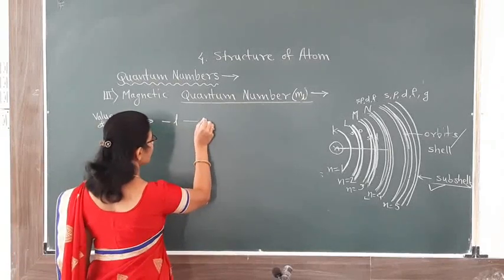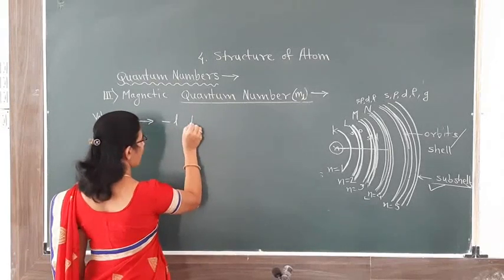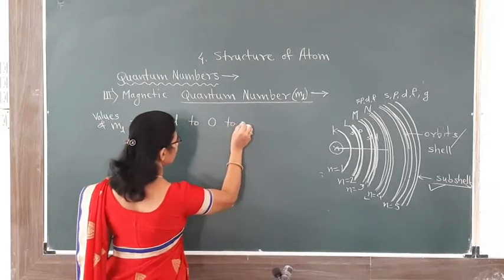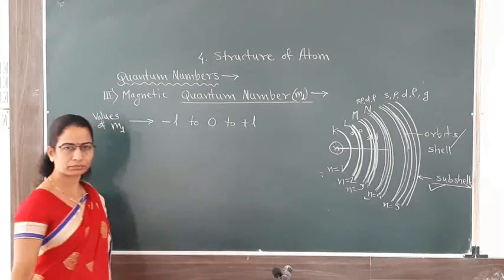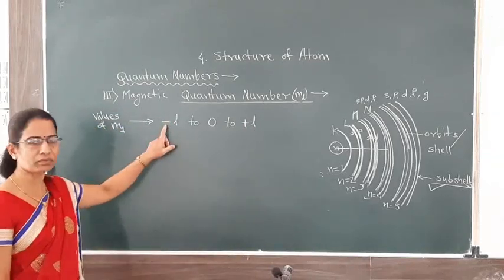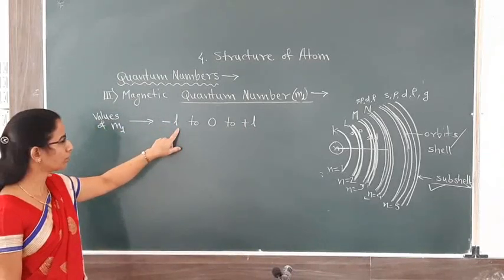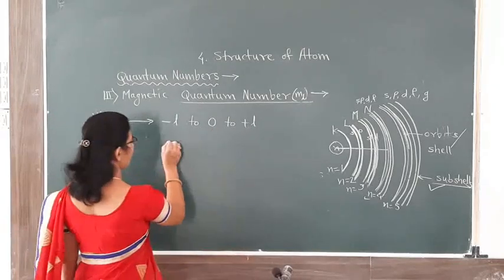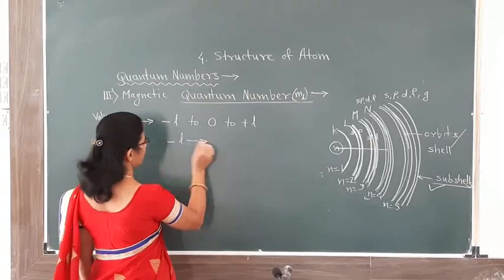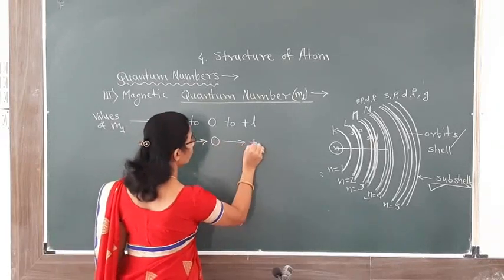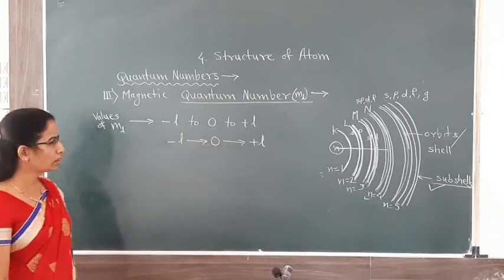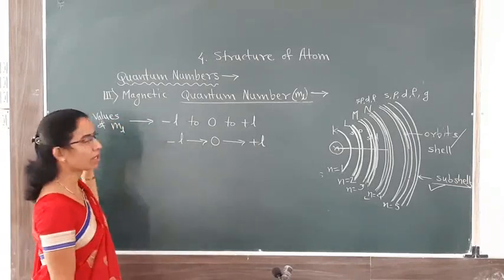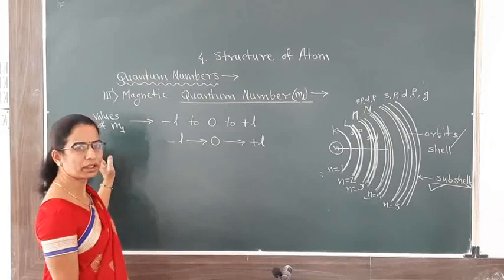They go through 0, that is -L to 0, and again end at +L. The values start from -L, pass through 0 and end with +L. Means their range is just like this, -L to 0 to +L. So let's see how many values are there for a given subshell.